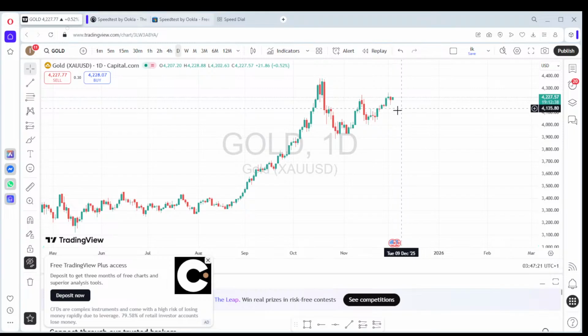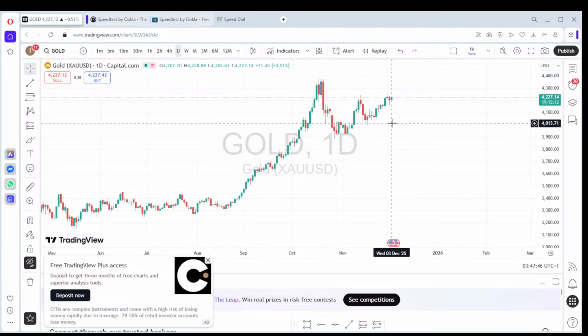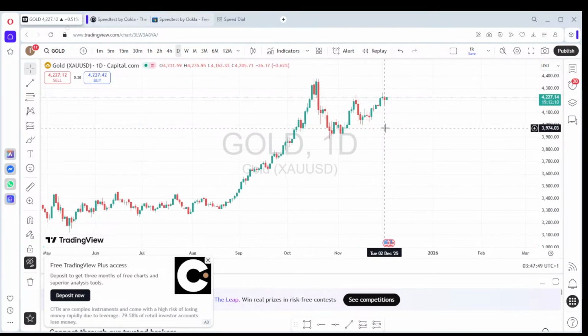Okay, so another thing I want to talk about is, in one of the live sessions, I talked about this candle that was forming, yesterday's candle, and I was talking about the situation where the candle eventually engulfs this candle and this candle. But I would immediately be looking for something like a downward move.